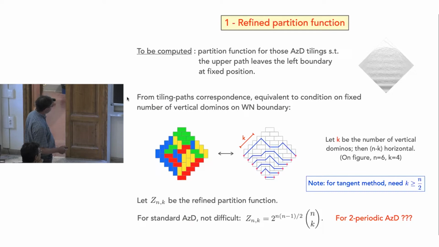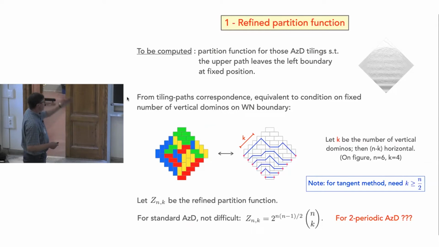Okay, so k is the number of horizontal dominoes starting from the left side. Well, that's just an aside remark. We need k to be bigger than the midpoint, because if you force the point to exit the boundary before the midpoint, all the other bulk paths will push it to the boundary.